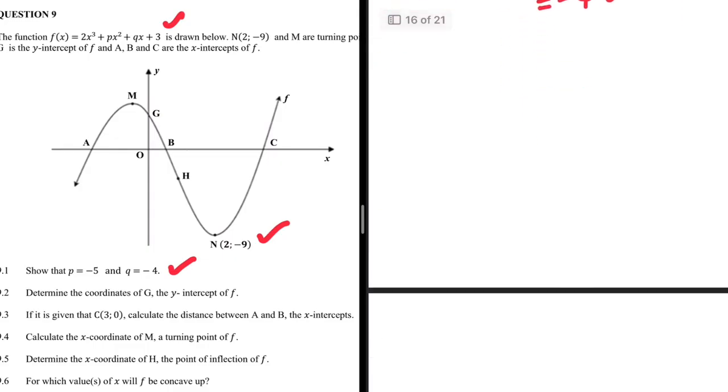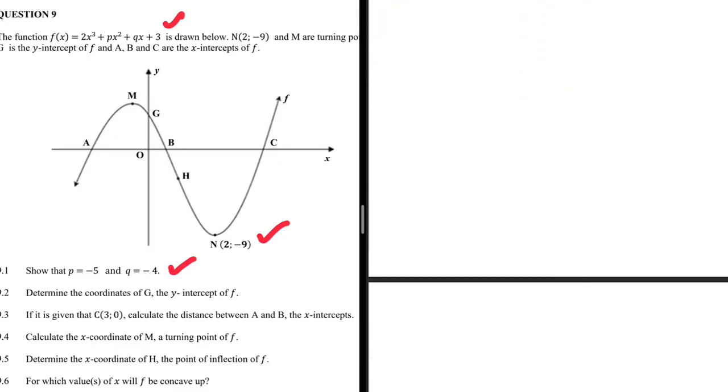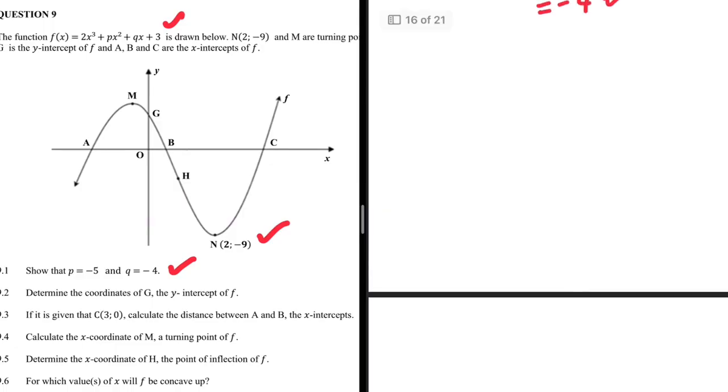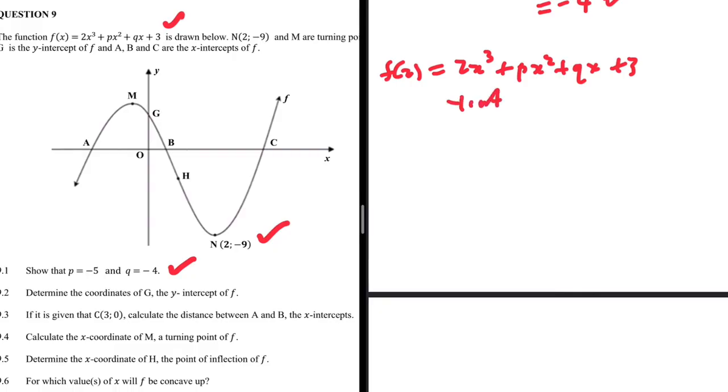Let's take a look at 9.2. So 9.2, determine the coordinates of g, the y-intercept of f. So we know that f of x is equals to 2x to the power 3 plus px squared plus qx plus 3. And then when we're looking for the y-intercept, we just let x be equals to 0.